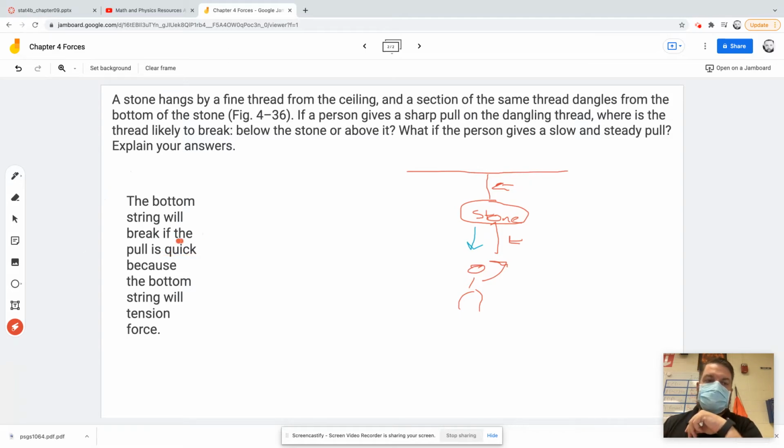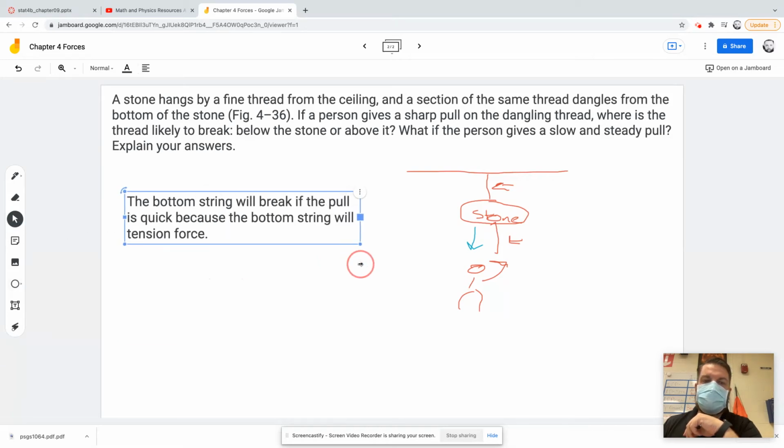Now, what do you think happens if I pull it slowly?